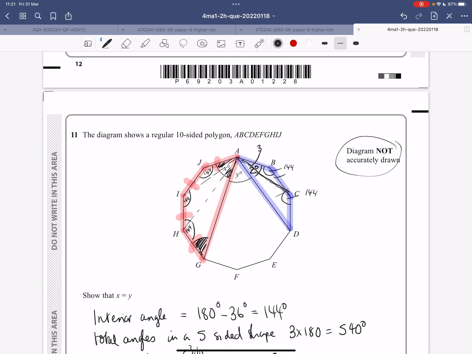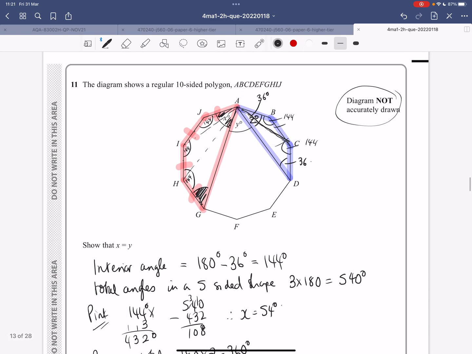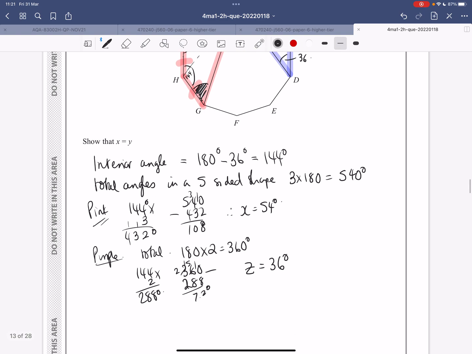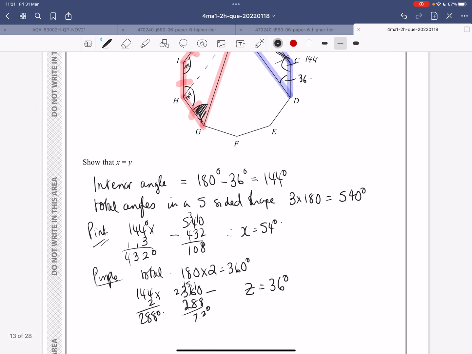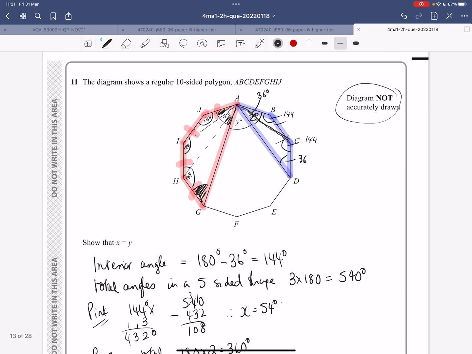Okay, so you've got 36 in there and 36 in there. What do we need to show that X is equal to Y? Okay, so we know X plus Y plus Z. This is making some sort of sense. These are the 3 triangles that add up to the 540.